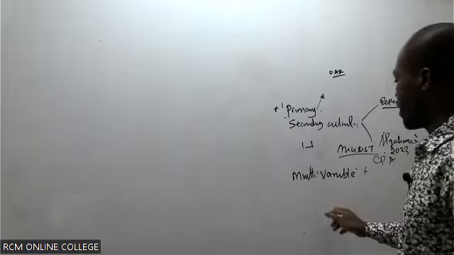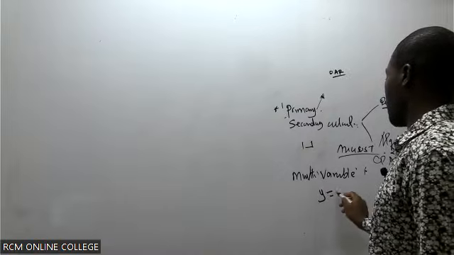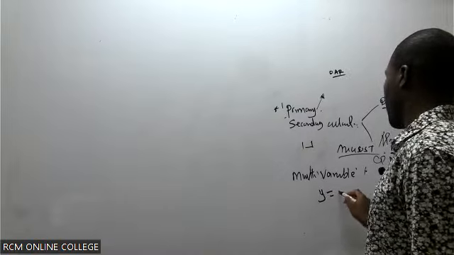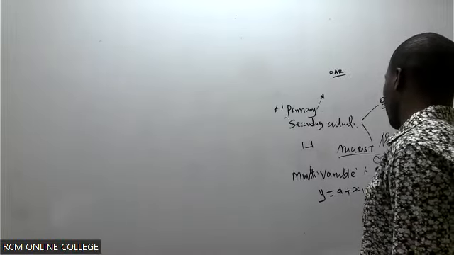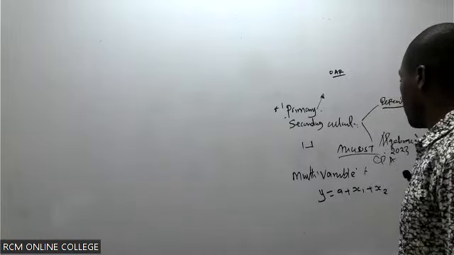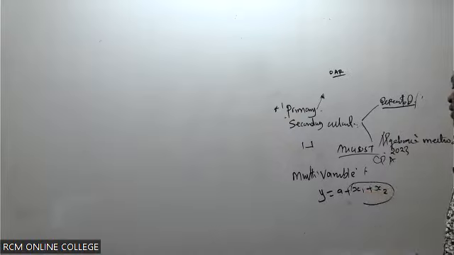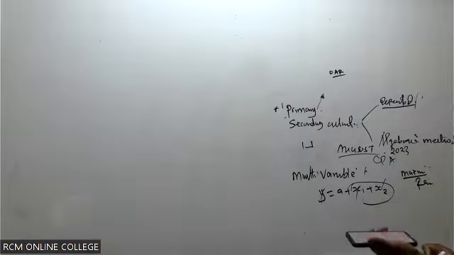There, you're going to come up with a function whereby y is equal to, let's say, a plus x1 plus x2. So when you have several unknowns, that is y, x1, x2, you'll be required to use either matrix or maybe even regression method to come up with that.